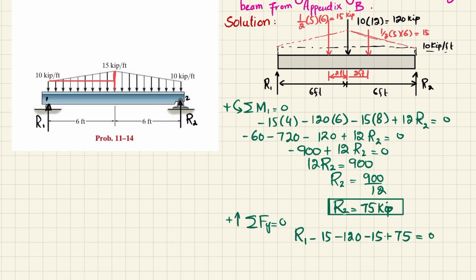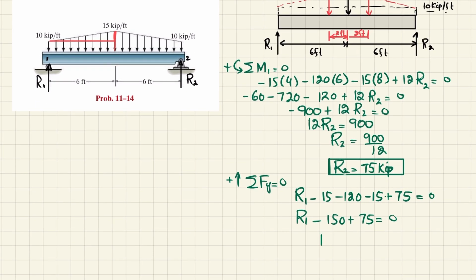So you have R1, this will give you minus 150 plus 75 is equal to 0. So R1 will also equal 75 kip, not R5, R1. Now you have R1 and R2.